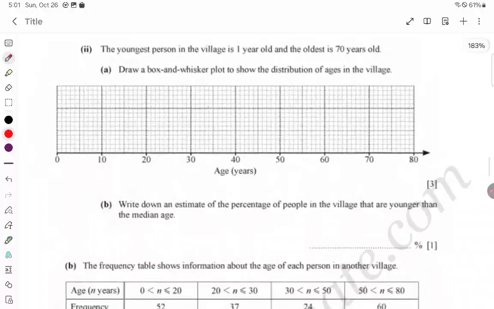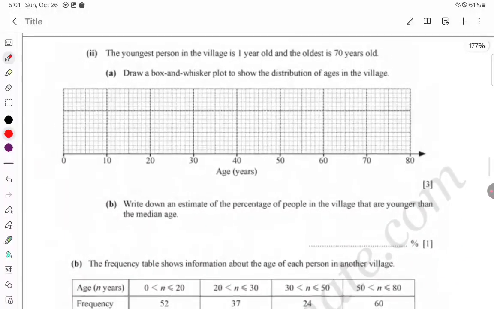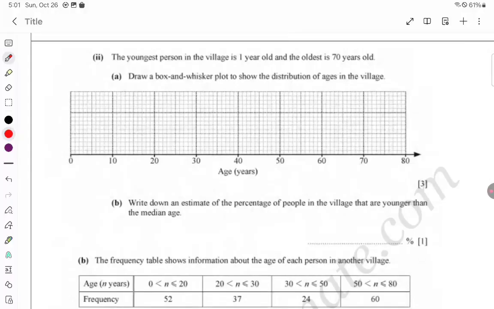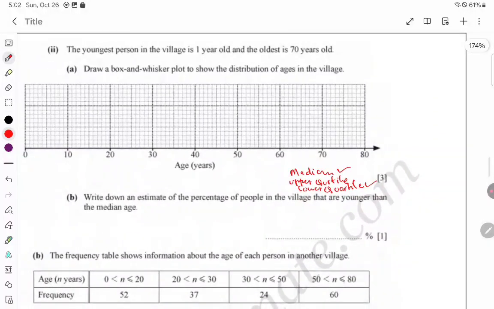In order to draw the box, first we have to know the requirements for the whisker plot: the median, which we already calculated in part 1, the upper quartile, which we have to calculate, and the lower quartile, which we already calculated.